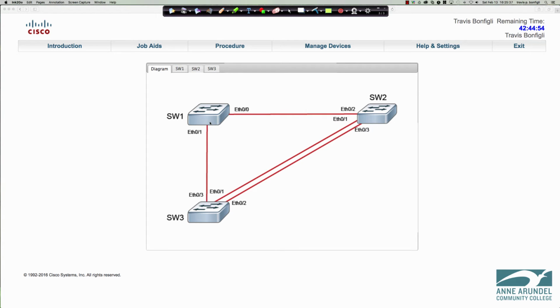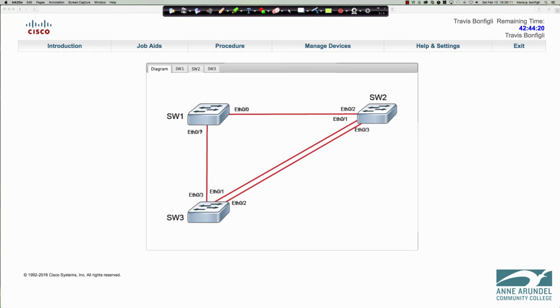But PVST Plus, Cisco's Per VLAN Spanning Tree Plus, remember they took the IEEE 802.1d standard and added their Cisco secret sauce to it, and it's an IEEE 802.1d compatible version of Spanning Tree, but Cisco calls it PVST when you're using ISL for your trunk links, or PVST Plus when it's part of that 802.1Q. All right. So we've got those.